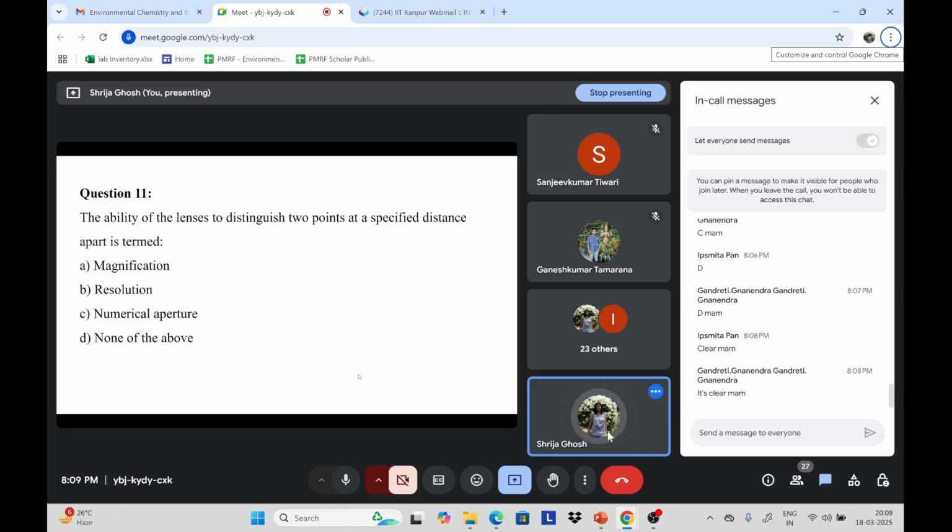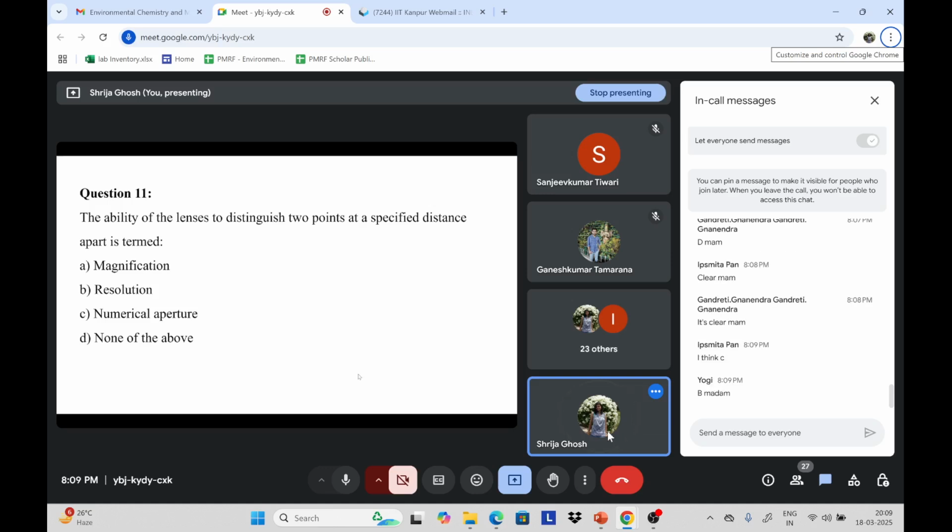What would be the correct answer? Okay, we have two answers in the chat box, C and B. What about others?